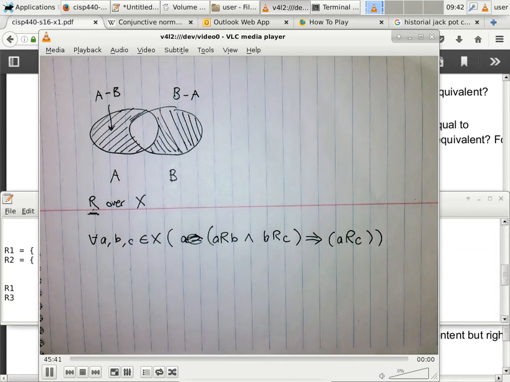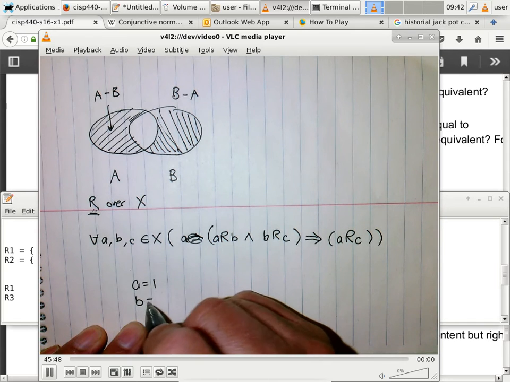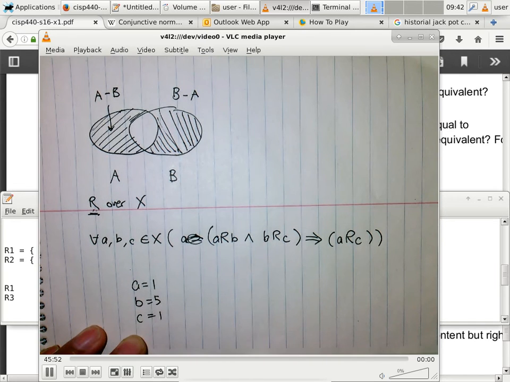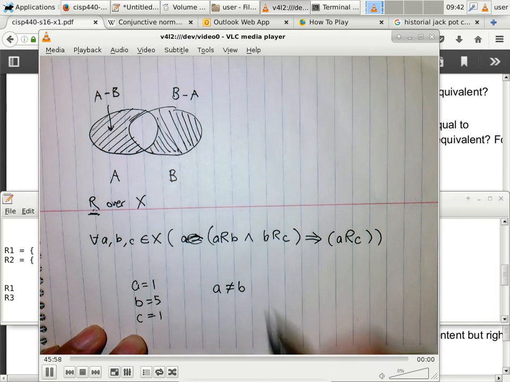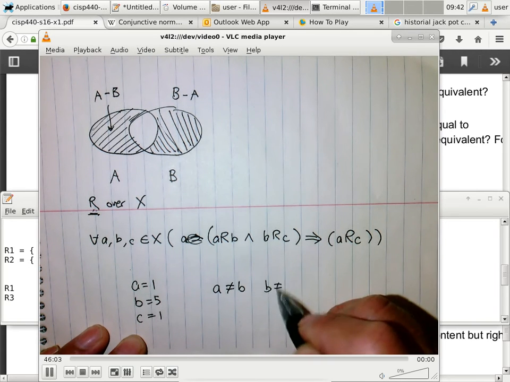Now, why is not equal not transitive? Well, it's pretty easy. You pick A to be 1, you pick B to be 5, and then you pick C to be 1 again. Then you can see that it is not transitive, because A does not equal B is true, right? B does not equal C is true.